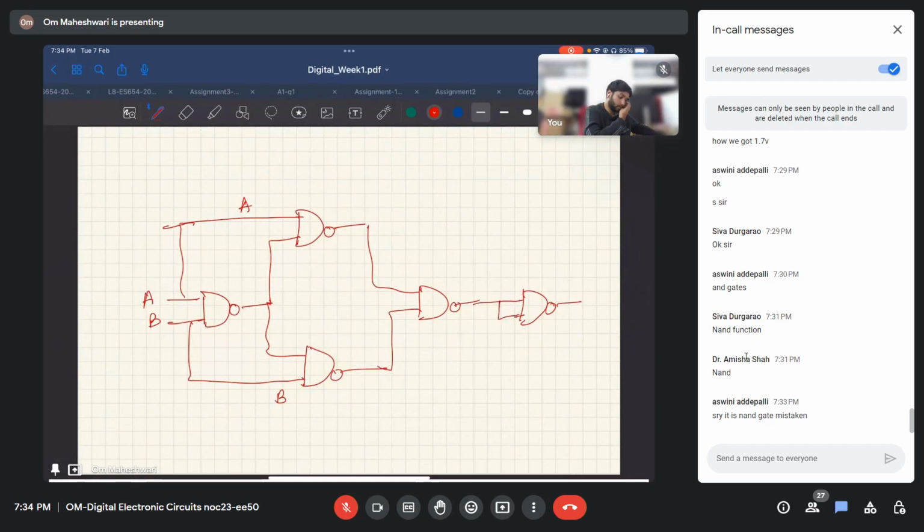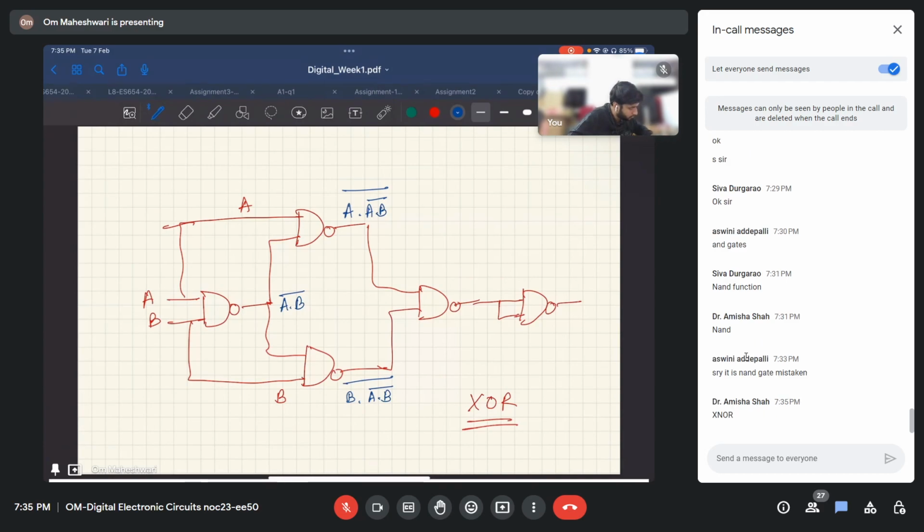Okay, so we have just seen this circuit, I think. This is XOR. If you want to solve this, you get B bar here, and here you get (A dot B bar) whole bar, (B dot (A dot B)) whole bar.